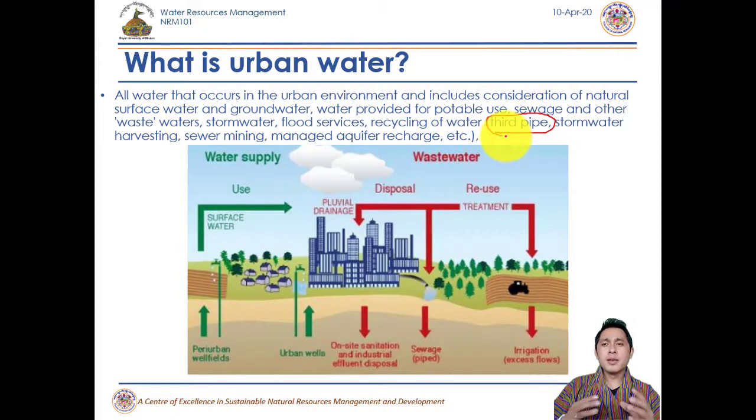However, it can be used for other non-drinking purposes, like bathrooms, washing, and irrigating the lawn. Those purposes can be served by third pipe water, so it can also be considered urban water. Basically, any water that is in an urban area, as well as in the natural area nearby the urban area, is what urban water is all about.